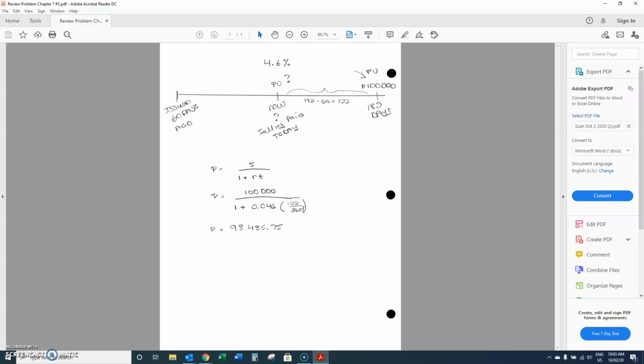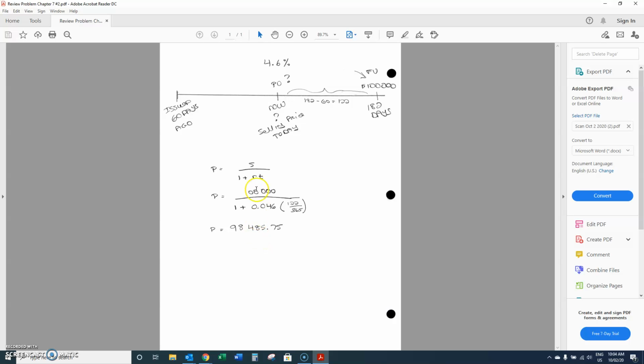This is Chapter 6. Back in Chapter 6 and even Chapter 7, we're not really into calculator stuff at that point in time. After that, the book starts introducing the calculator. Not to say that you can't use the calculator for these, but we weren't introduced to the calculator for Chapter 6. So for this type of a question, I would expect to see the formula and the amounts filled into the formula, and then your answer.